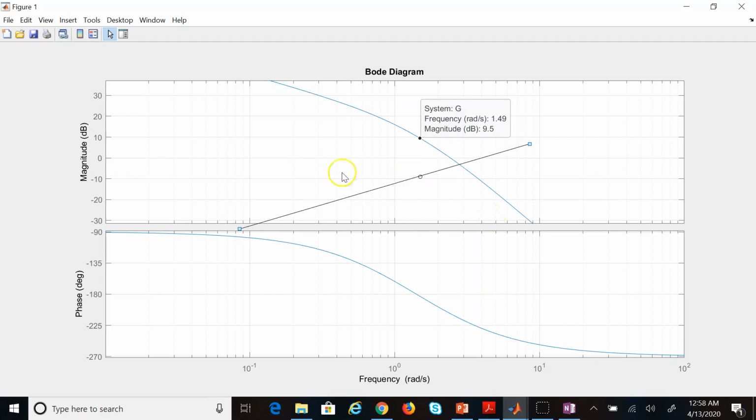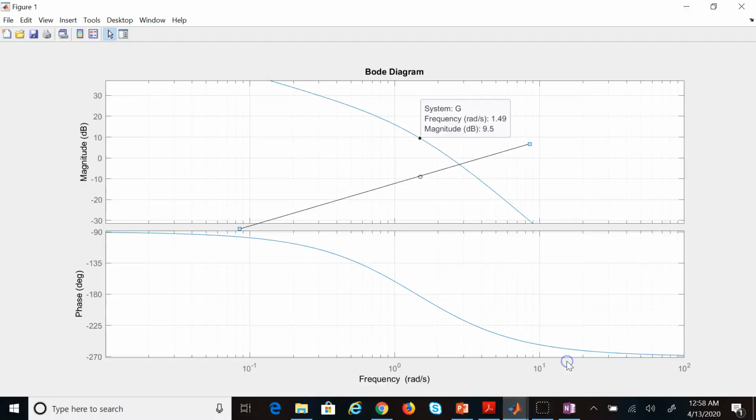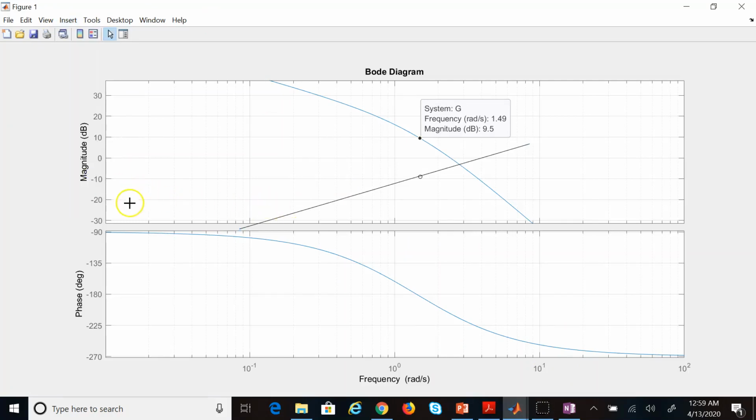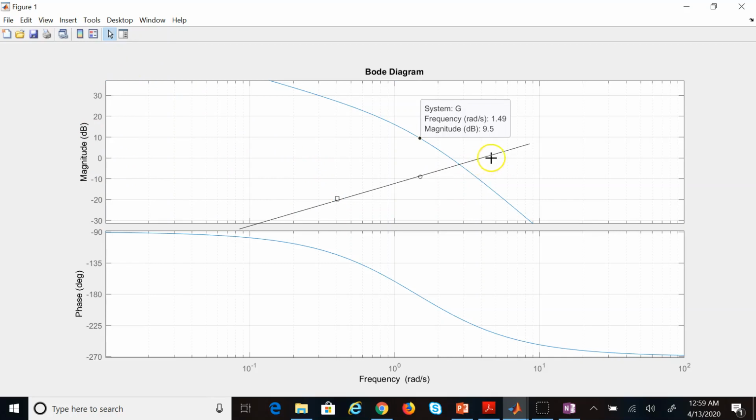Okay? And now it says wherever it intersects the horizontal lines of negative 20 and 0 decibel, these are the locations of zero and pole of the lead portion. So if I go back, find the intersection locations, one of them is here where it cuts negative 20, and the other one is here where it cuts 0.